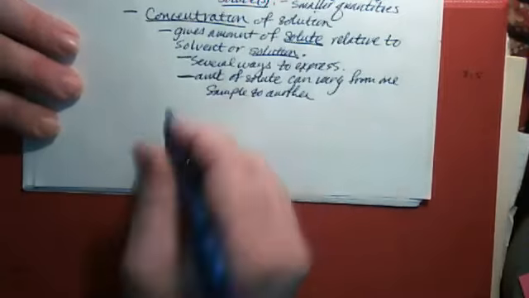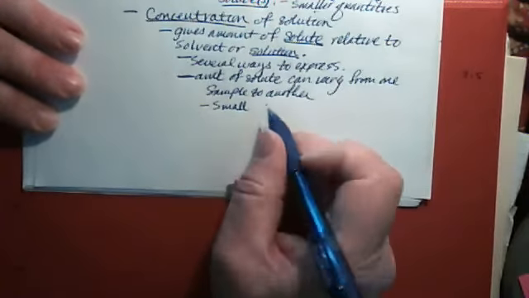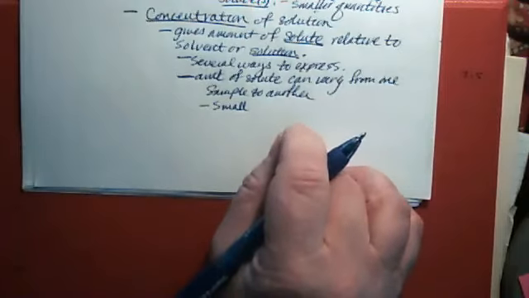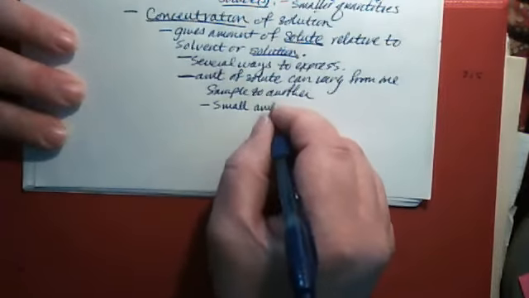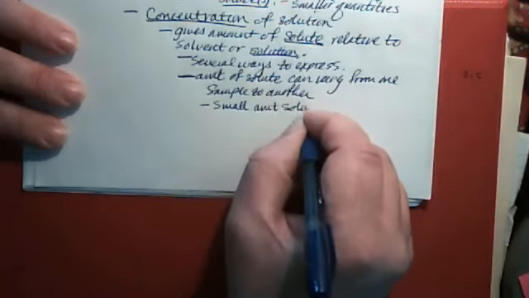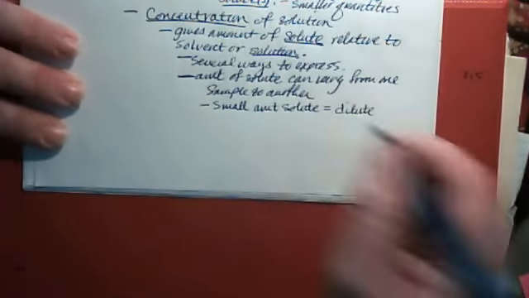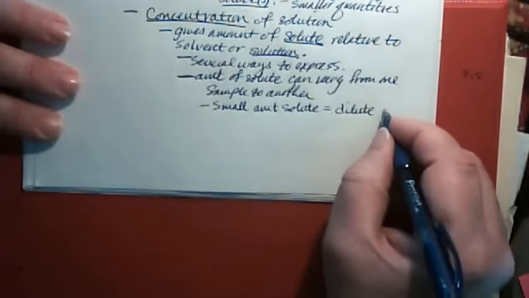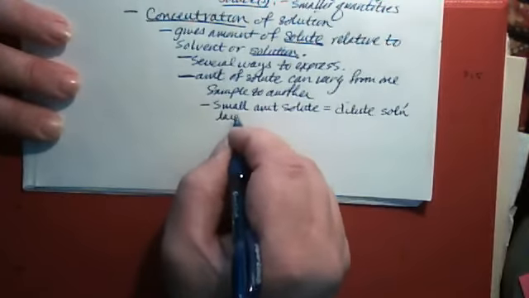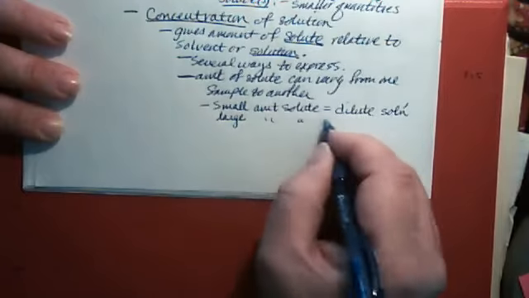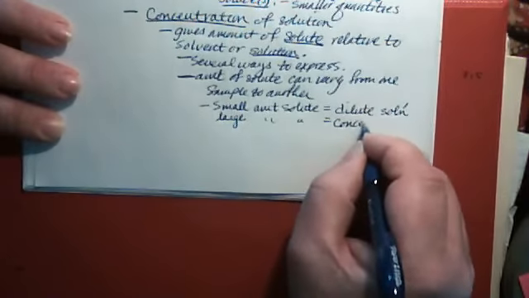And a small amount, relatively speaking, and these terms are sometimes kind of arbitrary, but relatively speaking, a small amount of solute would be a low concentration, and that would be a dilute solution, while a large amount of solute would be a concentrated solution.